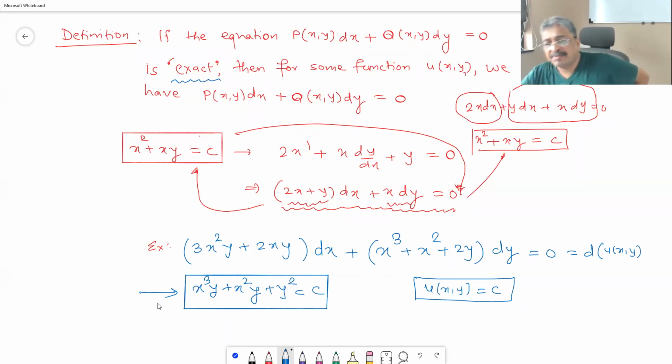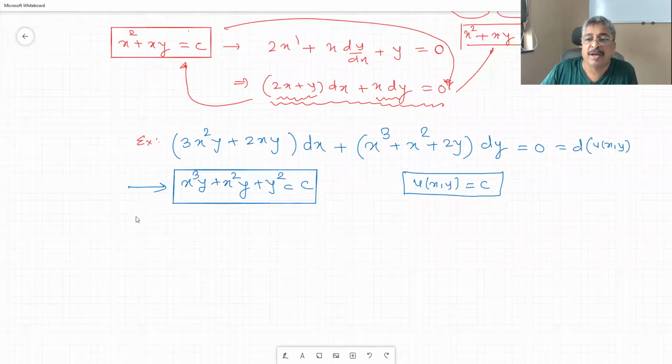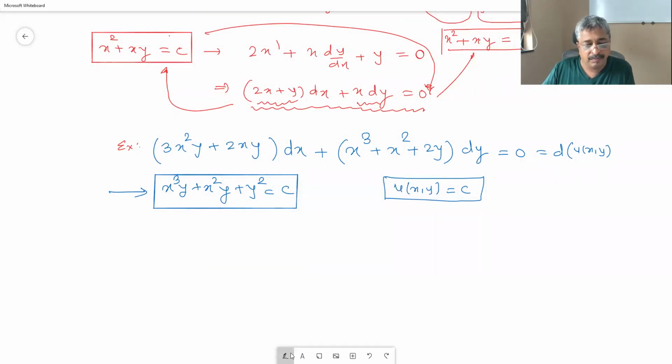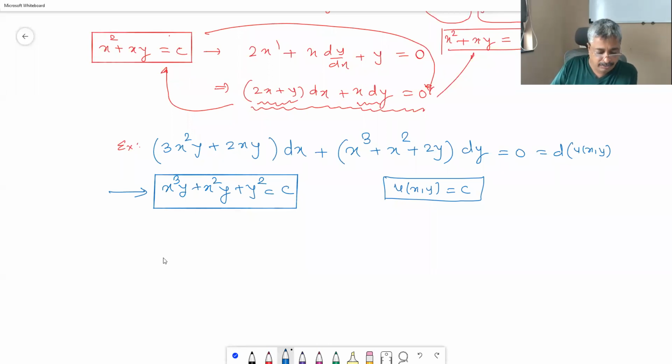But then our life is not so easy. Maybe I will give you one more example so that you feel happy about yourself for the time being, but it is not going to be the case every time. y square dx plus 2xy dy is equal to 0. Okay, this is instantaneous.